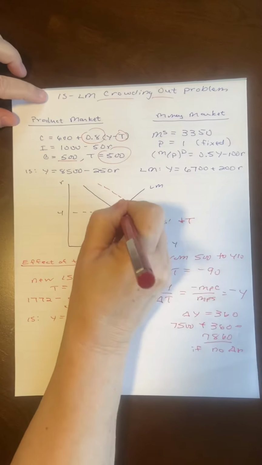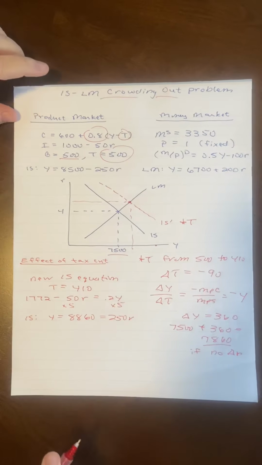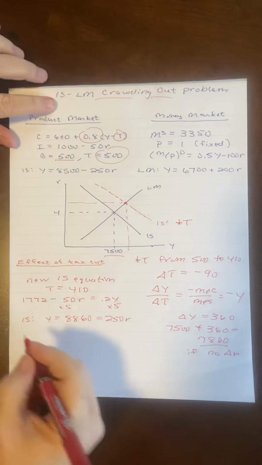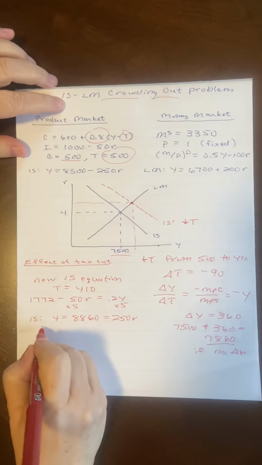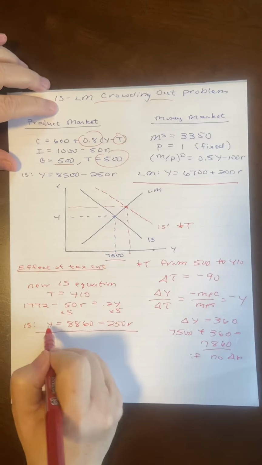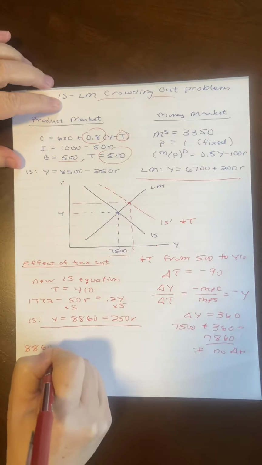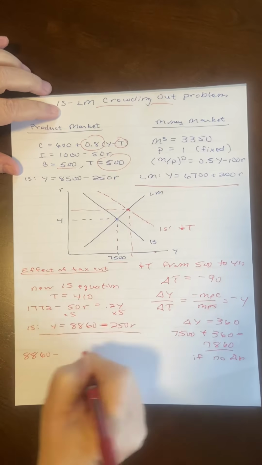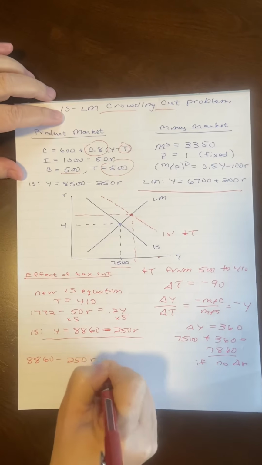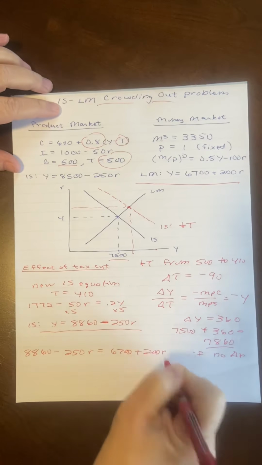And once we have the new IS equation, we can calculate the new equilibrium. Again, using the same technique we used before the break. Just use your new IS, but use your original LM and set these Y values equal. So you'll write 8,860 minus 250R equals 6,700 plus 200R.